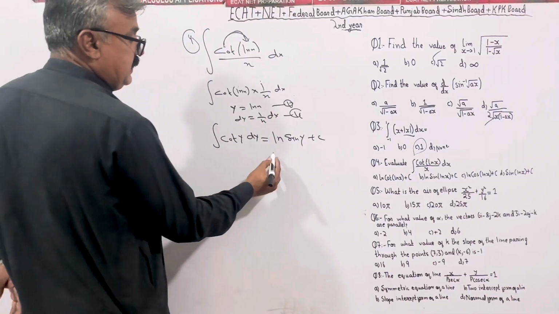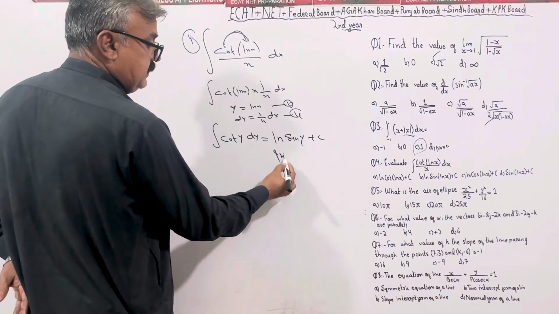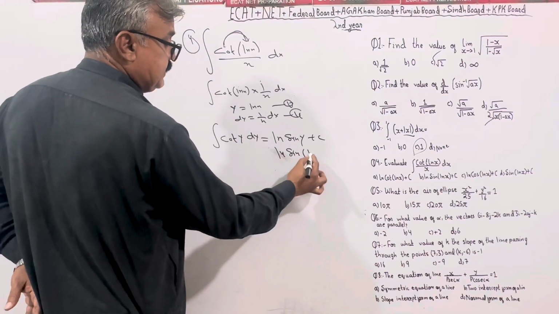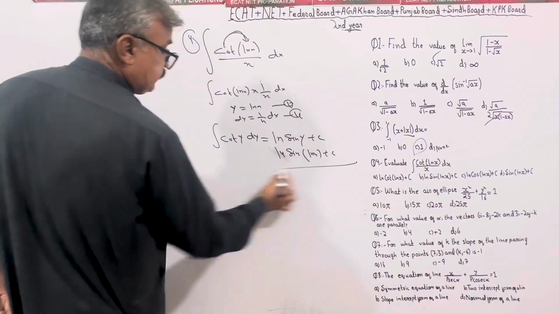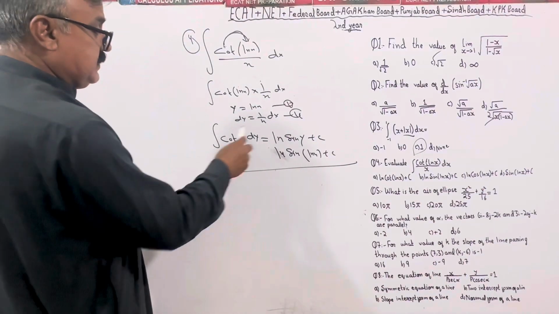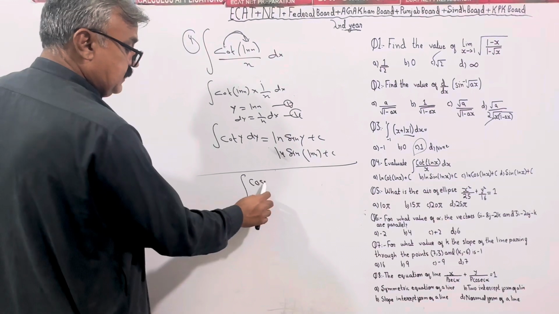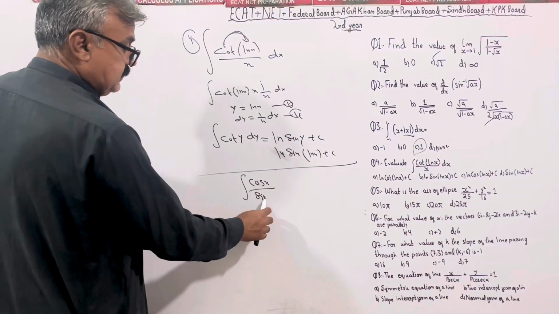What is the value of y? The value of y is ln x, so the answer is ln sin of ln x plus c. Or one can prove how integration of cot x is ln sin x. One can write cos x over sin x.